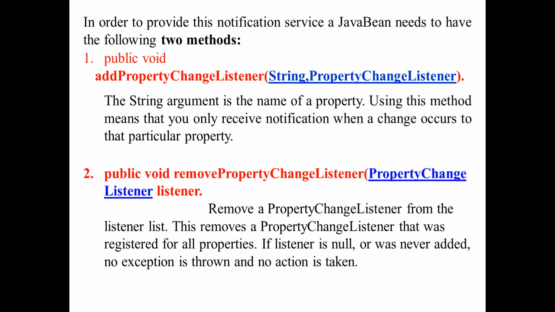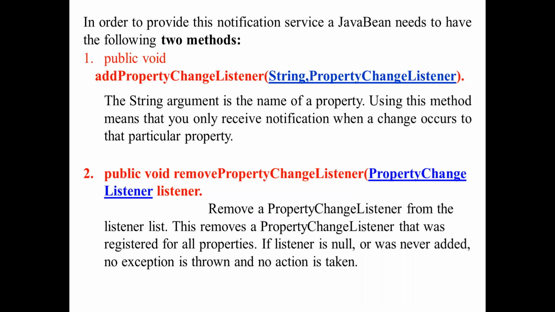The second one is remove. It removes a property change listener from the listener list. Listener list means already existing. So removePropertyChangeListener removes whatever you already registered for all the properties. If the listener is null or was never added, no exception is thrown and no action is taken.